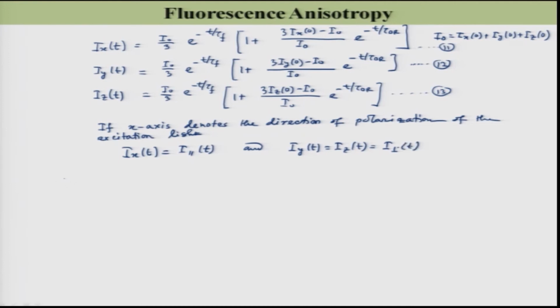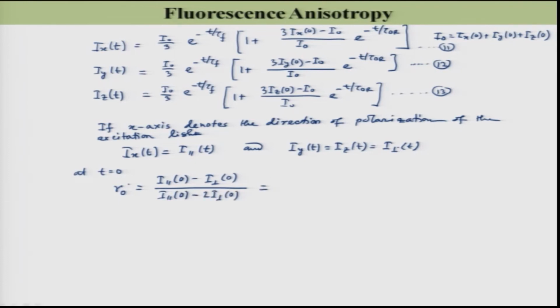So, for this at t equal to 0, I can simply write R 0 equals I parallel 0 minus I perpendicular 0 by I parallel 0 plus twice I perpendicular 0.